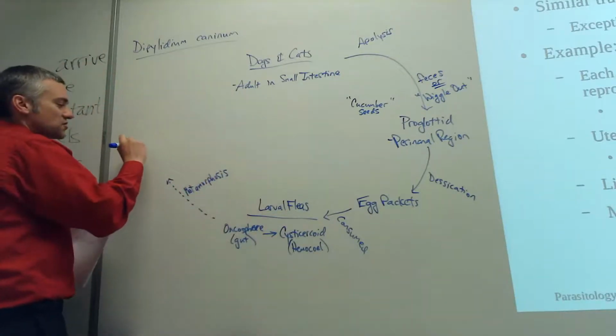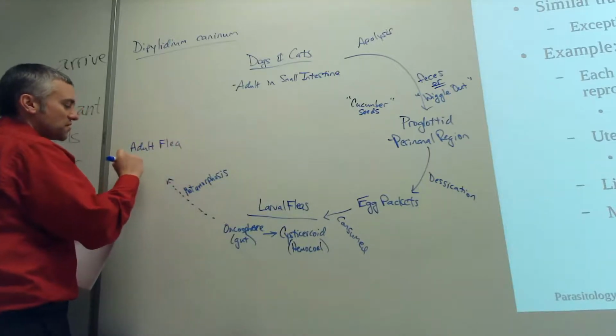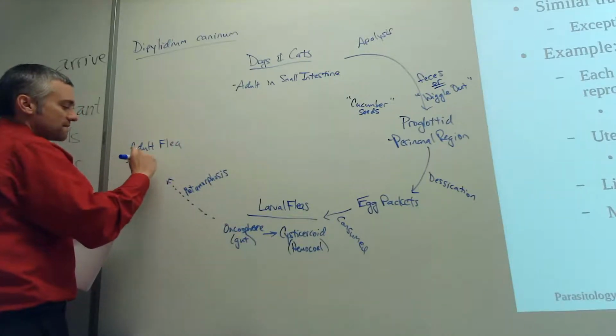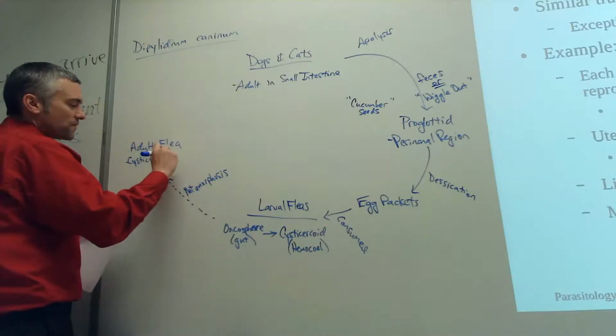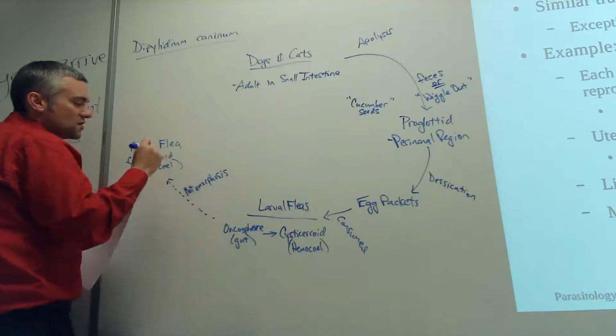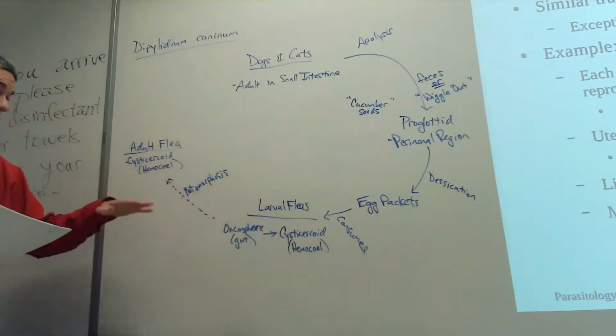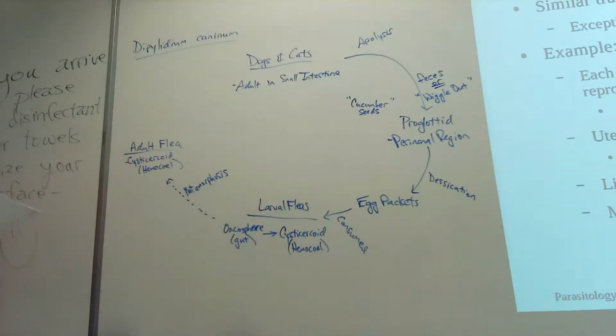So now we have our adult flea with our cysticercoid in the hemocoel. So our parasite actually survived metamorphosis of the host. The adult fleas didn't pick it up. They retained it during our metamorphosis. That's why I said our intermediate host is a flea.